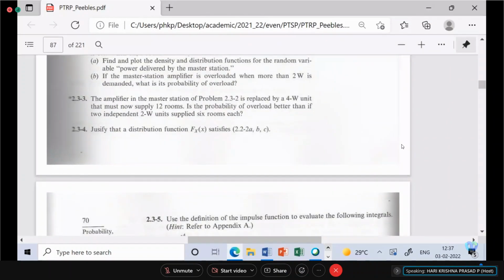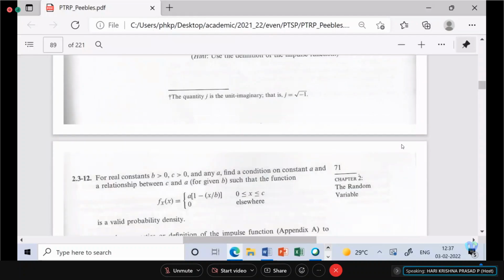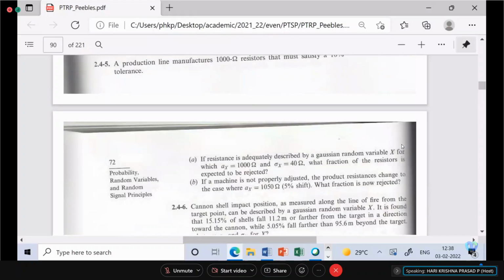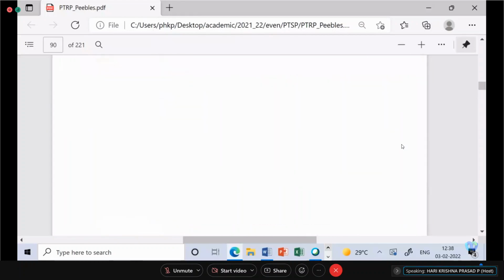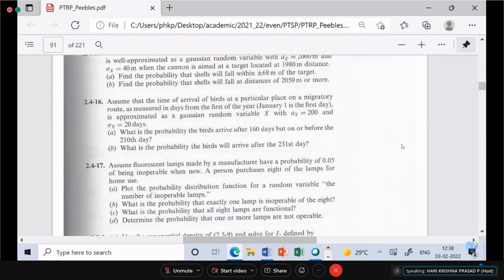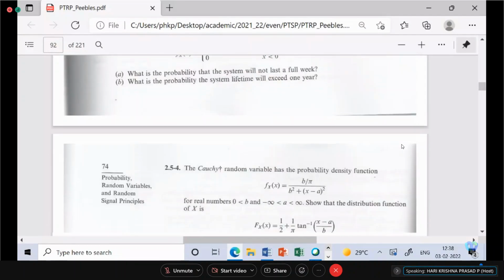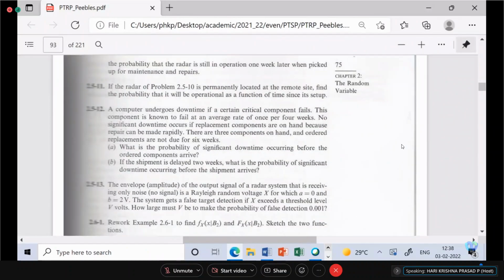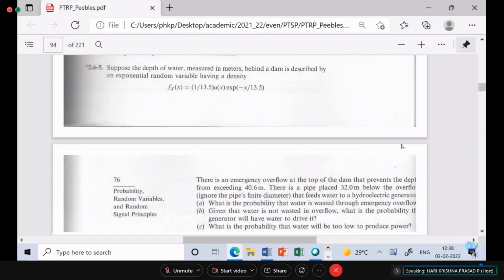Any feedback would you like to give on the way the content is being presented, or do you want some more examples to be considered? Any difficulty you are facing while preparing for the content? Because your minor is to be scheduled next week.